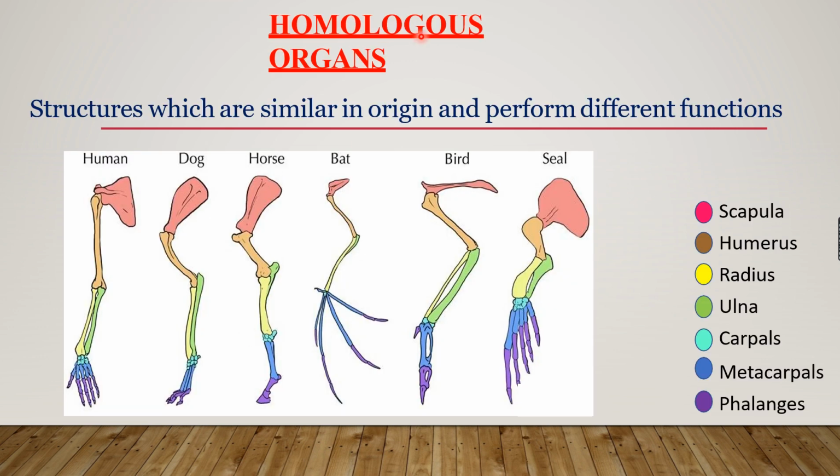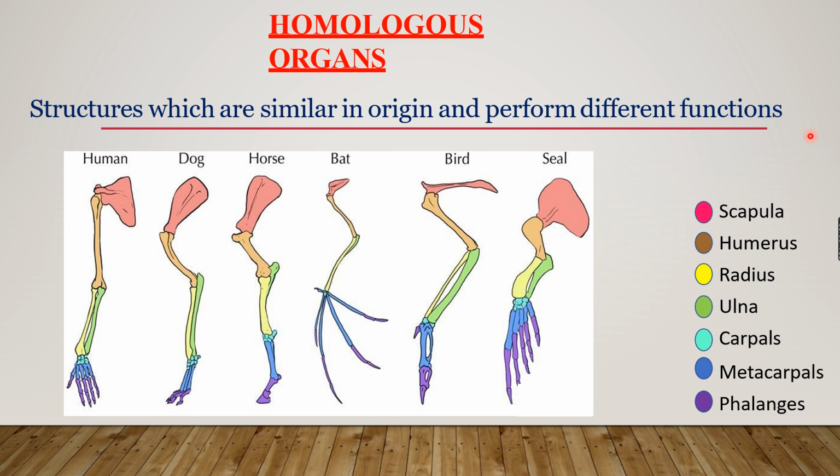The first one is homologous organ. What are homologous organs? The structures which have the same structural pattern and are similar in origin, but they perform different functions.